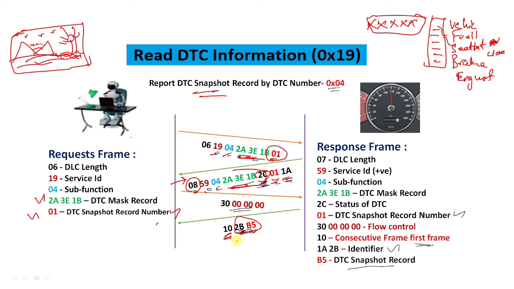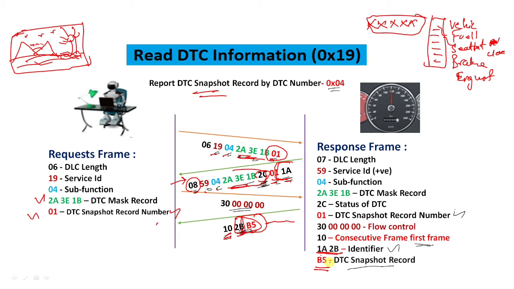B5. Here 1A and 2B are the identifiers. What are these identifiers for? To store the DTC snapshot record. You can store some more bytes also, but consider that in this project they are storing only 1 byte.